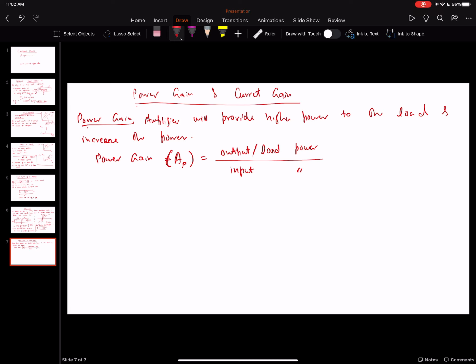Similarly, we know for the voltage gain, it was output voltage to the input voltage; power gain is output power to the input power. So we can also call it PL, load power, and PI, input power. We can also write down further the load power equals output voltage and the output current, over input voltage and the input current.